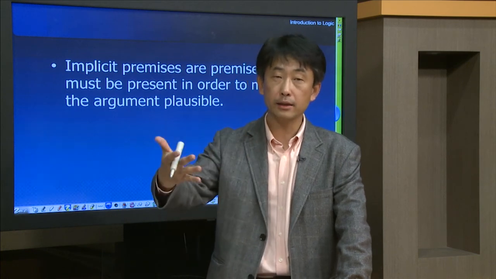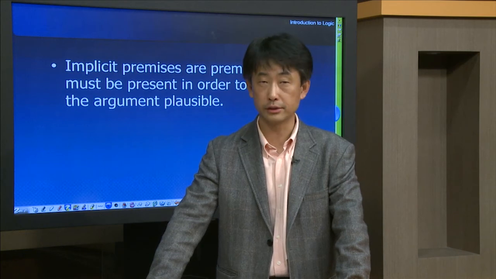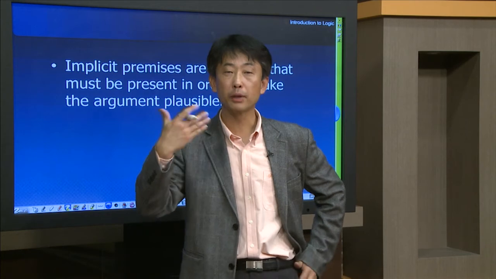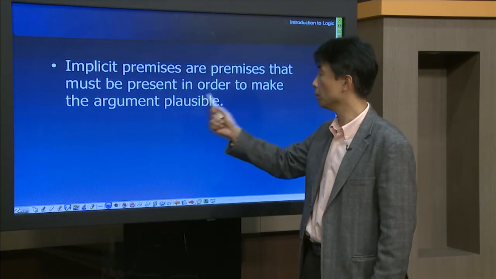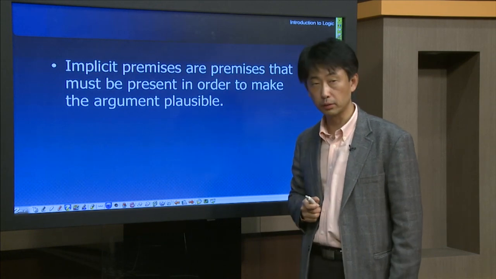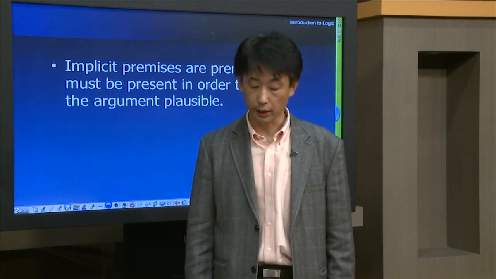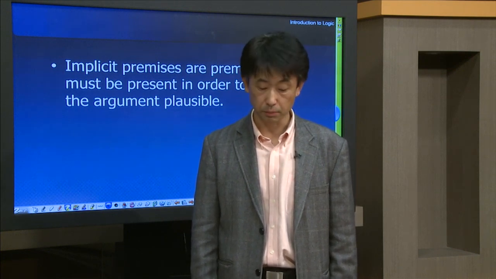Unless you add this premise, the conclusion doesn't necessarily follow. So there is an implicit premise that must be present in order to make the argument plausible. There are some other examples in the textbook that illustrate the idea of implicit premise.